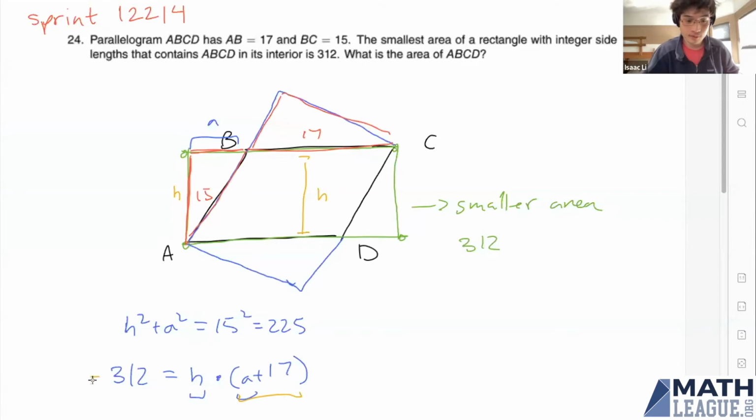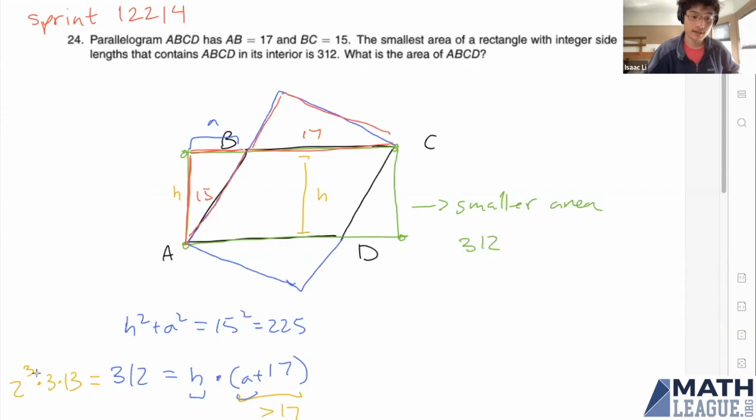What we can do now is just take the prime factorization of this. So the prime factorization of 312, I think, is 2 to the 3 times 3 times 13. Let's check that. And we can check factors, since this is greater than 17.